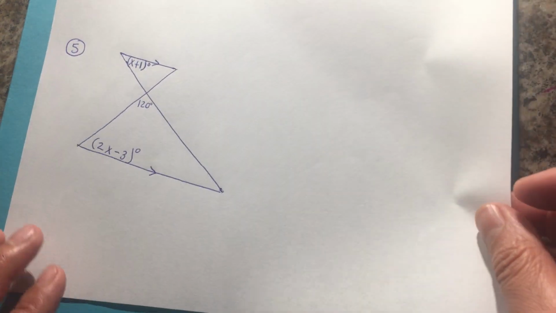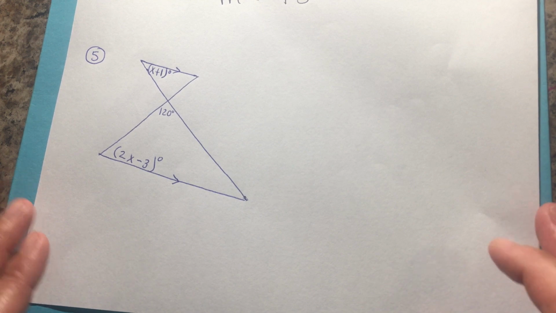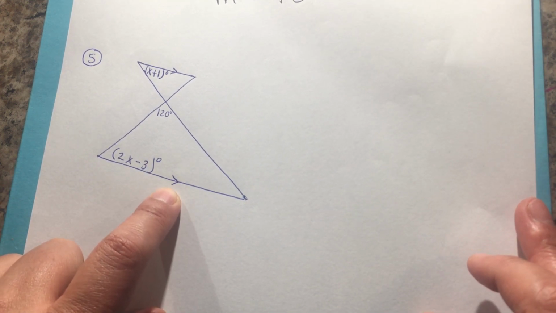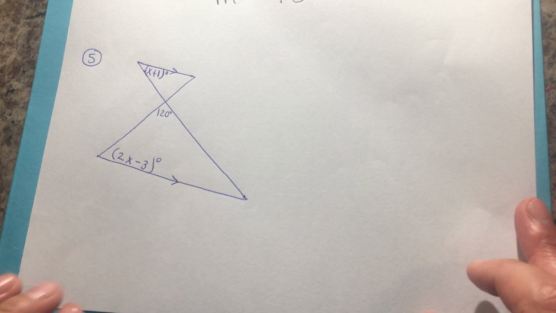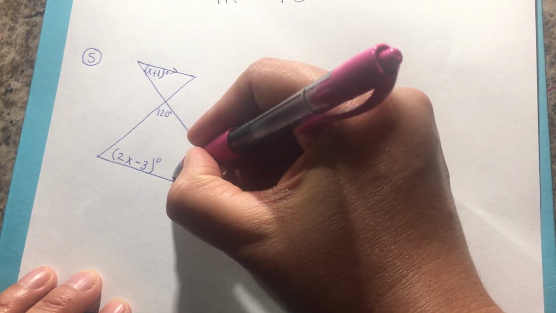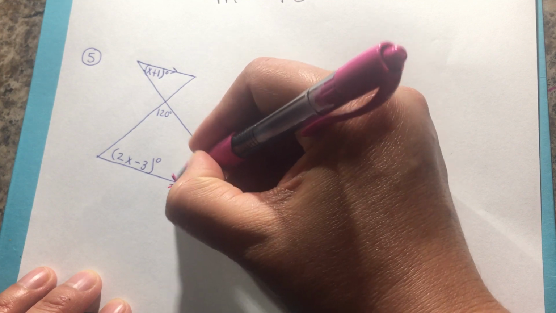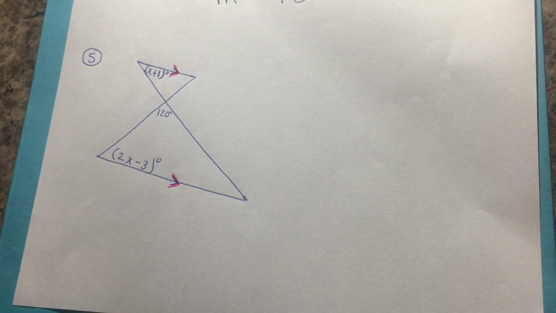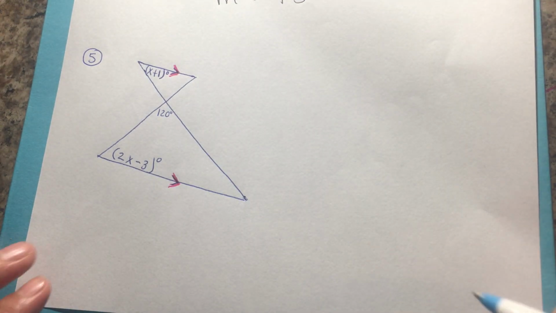Okay, another one that depends on the skills of the previous lessons, which is parallel lines. In here again, these markings mean that the two lines are parallel to each other. And so in here, what does that mean?